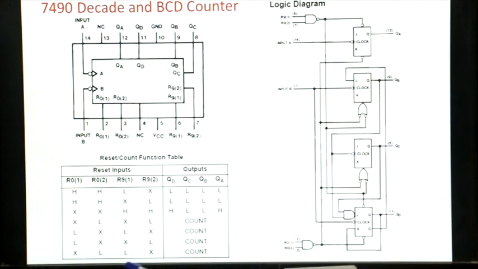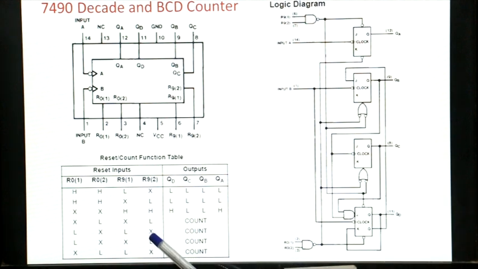If you make R91 and R92 high, irrespective of R01 and R02, your QD, QC, QB and QA will be high, low, low, high, that is 1001, corresponding to 9.